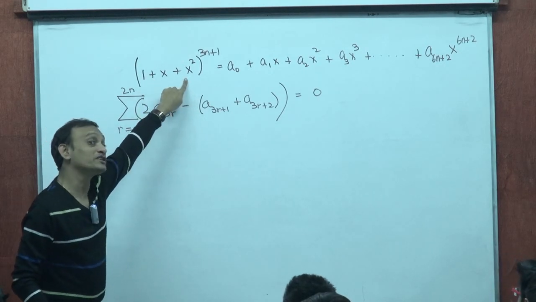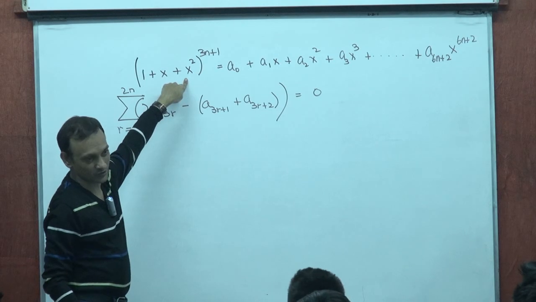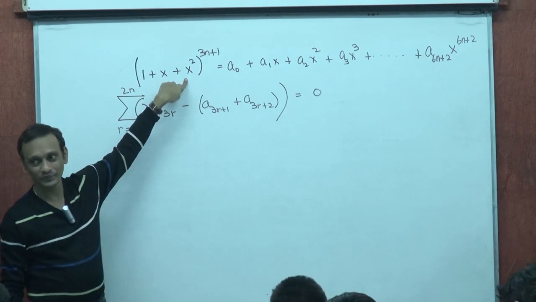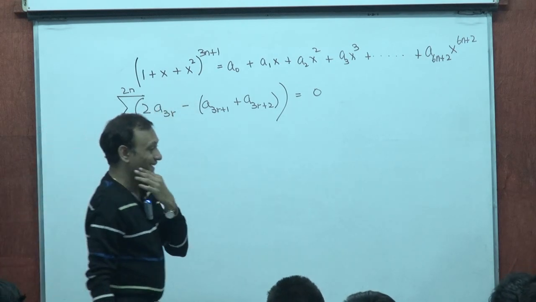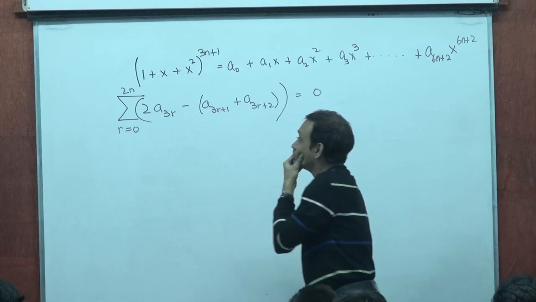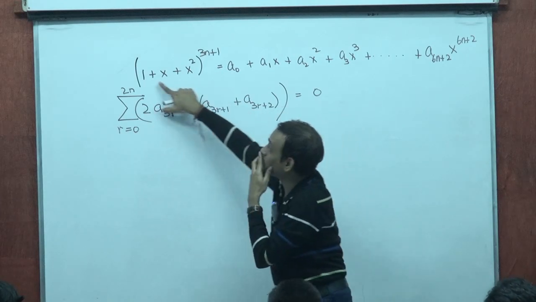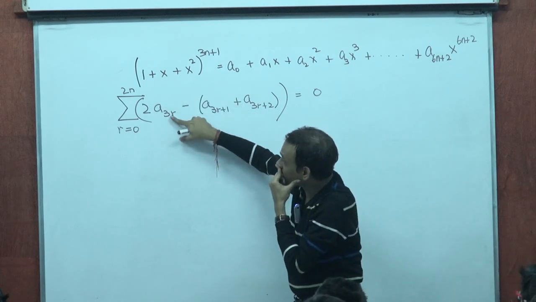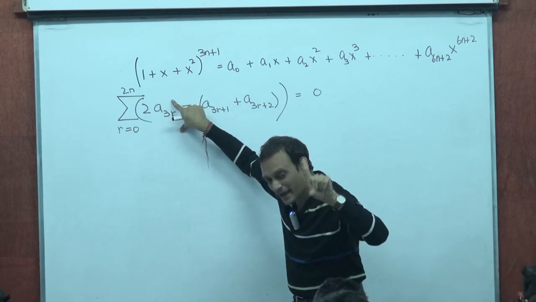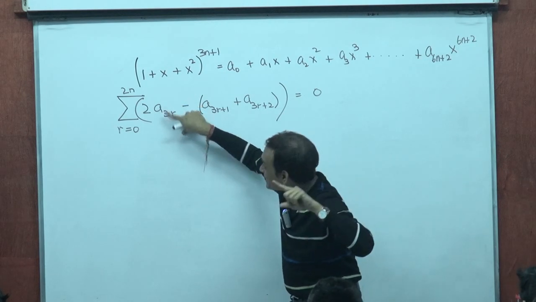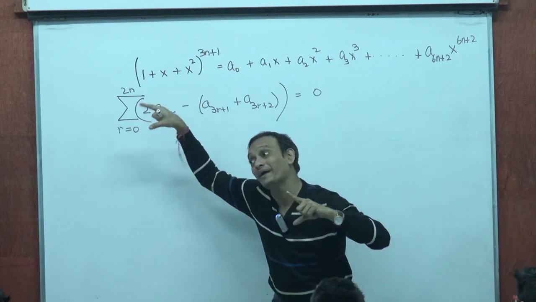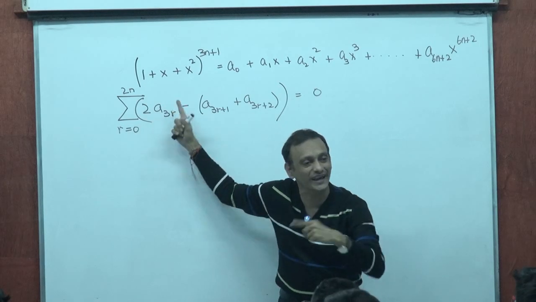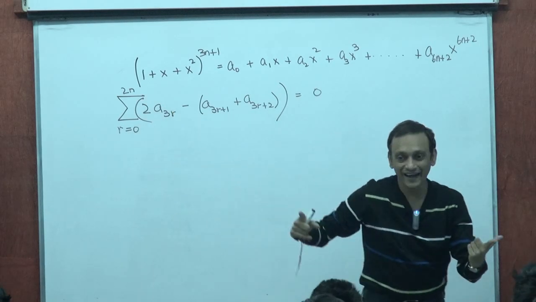And also if you plug in x equal to omega square, it will be 0. Yes or no? Yes, sir. Now, whether you plug in x equal to omega or x equal to omega squared, x power 3r in both cases will be 1. That means the a3r's will add when you put omega and omega squared. So that's why you will get 2a3r, right?